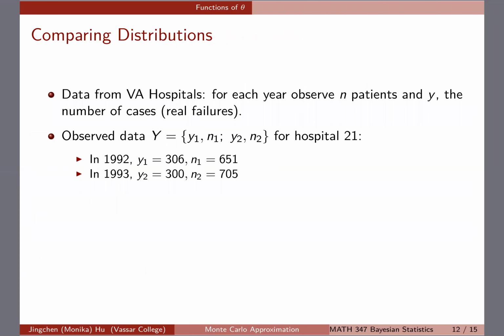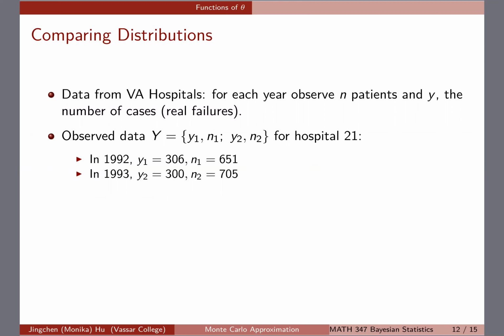One last thing I want to cover: this is still in the field of doing proportions, but sometimes you might compare two proportions. The example here: suppose we get data from VA hospitals. For each year, we observe N patients and Y, the number of cases, which we loosely define for now as real failures of a particular outcome.